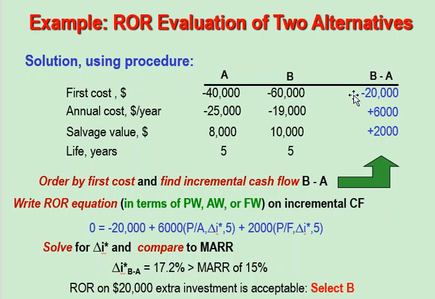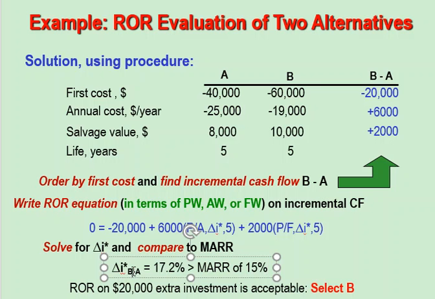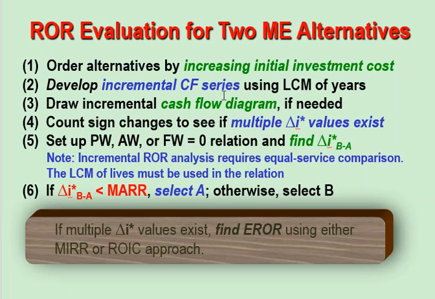And I am doing the PW or AW or FW, whatever you are using, to get the delta I of B minus A, that means the more cost minus the less cost. We're talking about initial cost. Then, if delta I of B minus A is greater than the MARR, we select B. And that's what we have here.